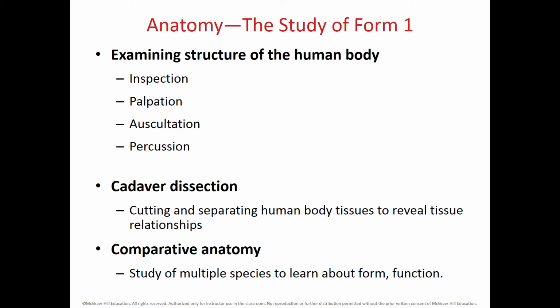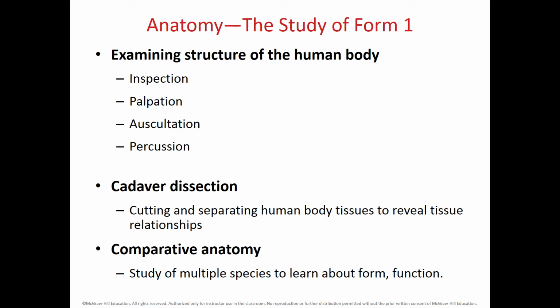Another way to examine the human body is through palpation, which is feeling a structure with your hands, and you can also perform auscultation, which is listening with a stethoscope to the sounds that are produced by different structures in the human body.